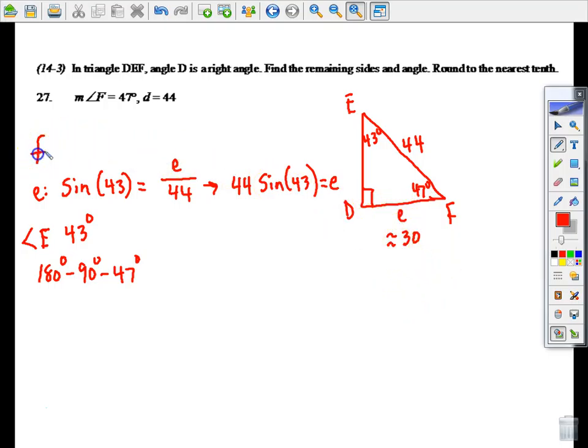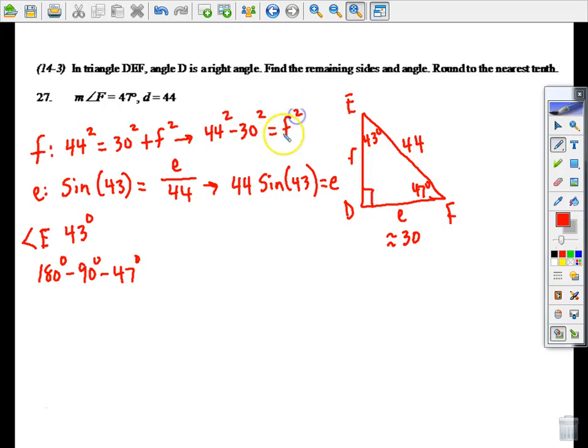And that makes it pretty easy to find F, because now we can use the Pythagorean theorem, which says the hypotenuse squared is equal to one of the legs squared plus the other leg, in this case F squared. So in your calculator, let's do 44 squared minus 30 squared.